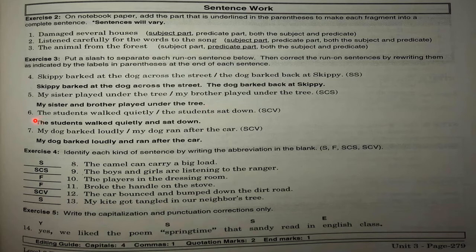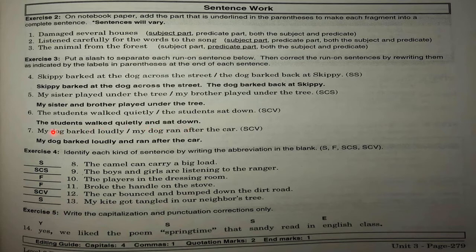Number 6. The students walked quietly. The students sat down. First of all, I'm going to put a slash to separate the two sentences, and then I'm going to change it to what it's asking from me, the abbreviation at the end. SCV, simple sentence with a compound verb. So I'm going to put the two verbs together, walked quietly and sat down.